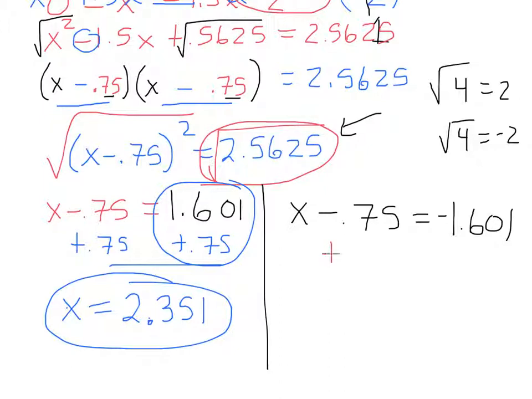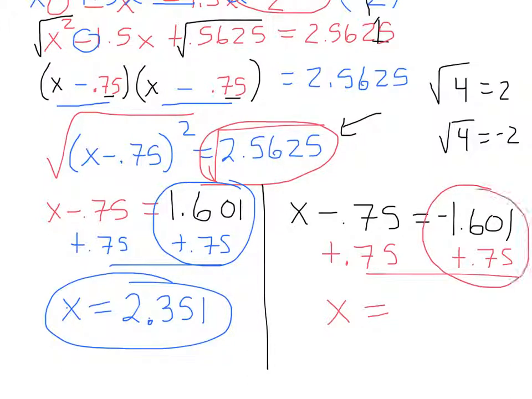I will add 0.75 on both sides, and I get x equals, now pause the video and add these up and see what you get. And so when I typed it in, I got negative 0.851. And so these are your 2 answers. Your 2 answers are 2.351 and negative 0.851.